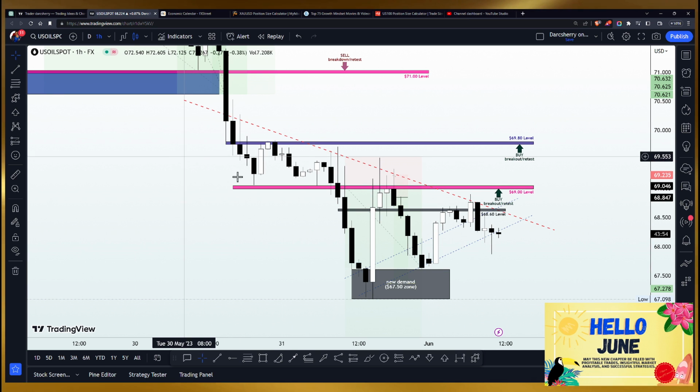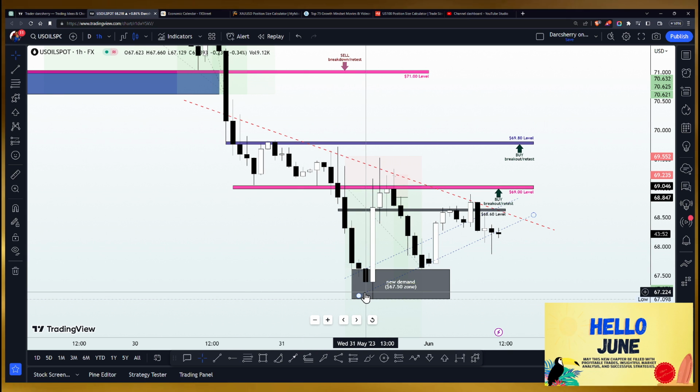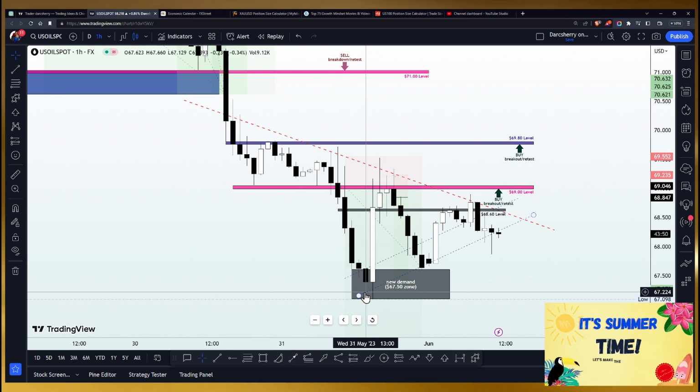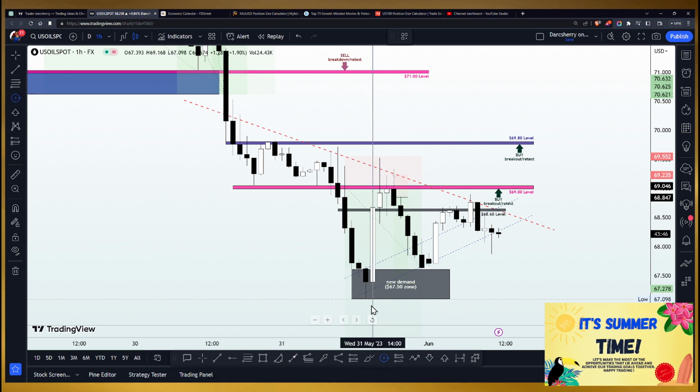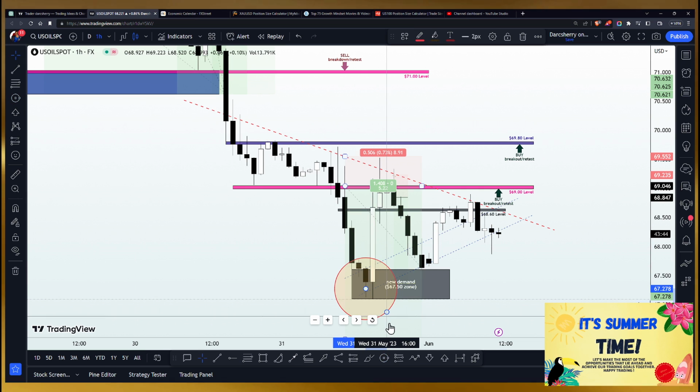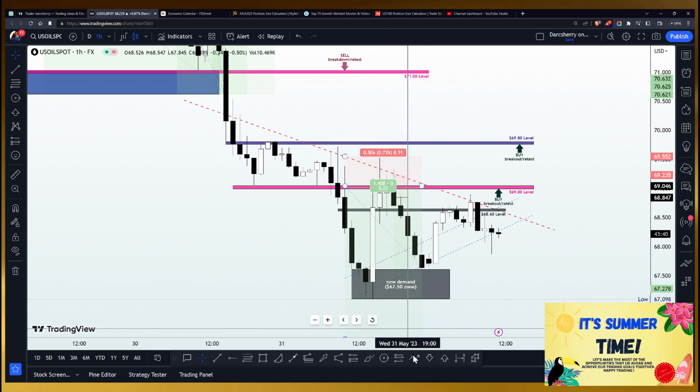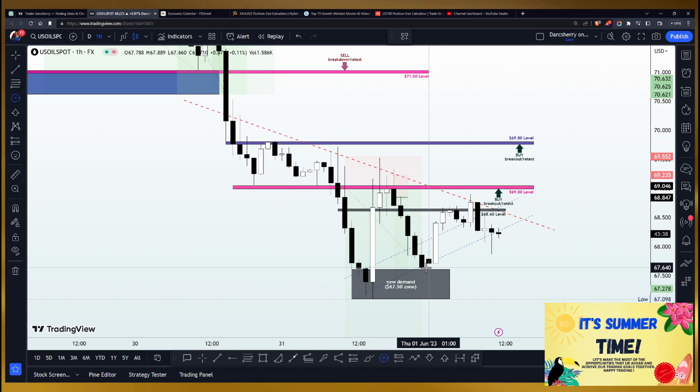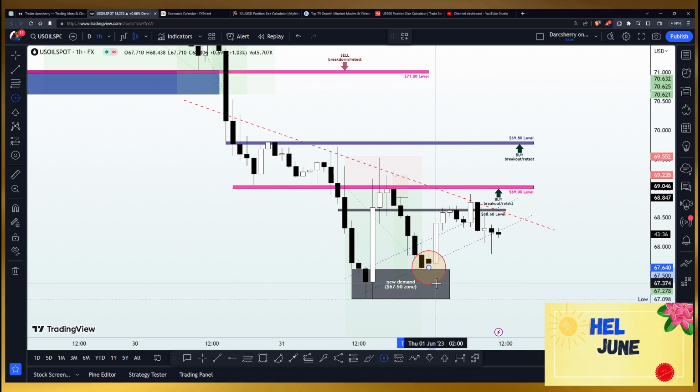However, something interesting happened here during the first couple of hours in the New York session yesterday, when we saw price action drop into the $67.50 area. We saw the first touch of this level here, and then we saw the second touch during the early hours of today around this area.